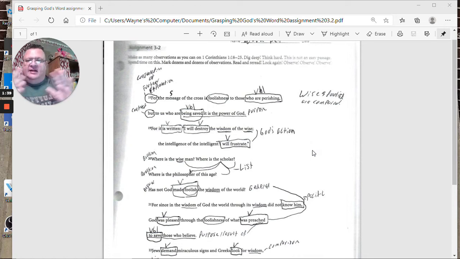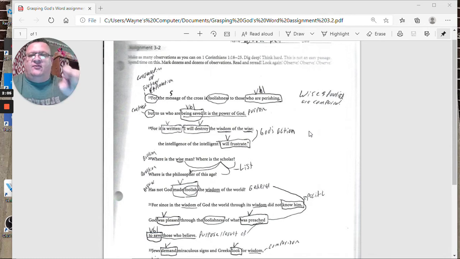But even at that, we still need to look at verbs and verbals, and there's a lot of verbals in this assignment here. As you can see, if it's a verbal, I coded it VBL. And if it's just a flat out finite verb, I just put a V over the top of it. This is how you want to do it when you're doing observations, even in a Bible study: you want to code things.